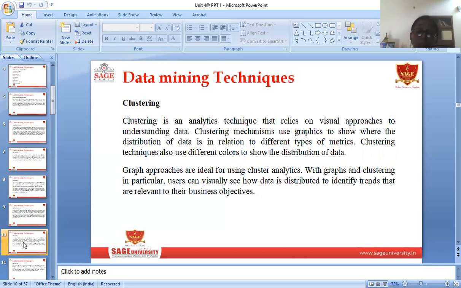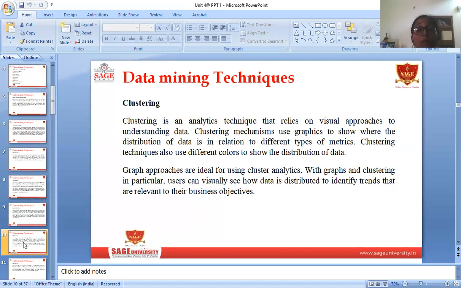By using clustering, we can identify similar types of objects in a single cluster. So there is one cluster head, and the nodes nearest to the cluster head, or nearest by some property, we can collect in the similar cluster.